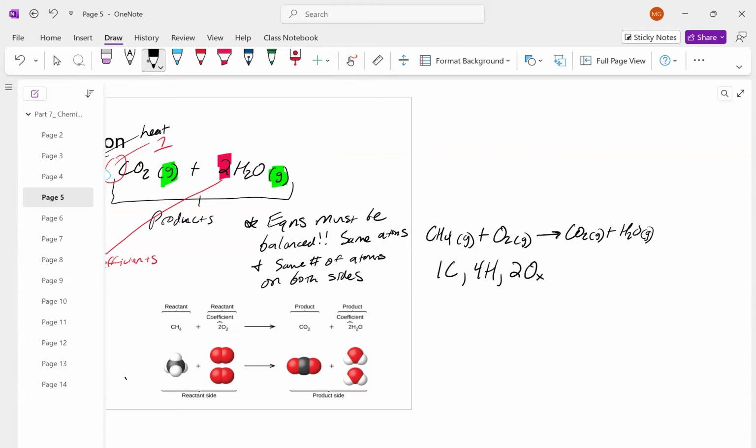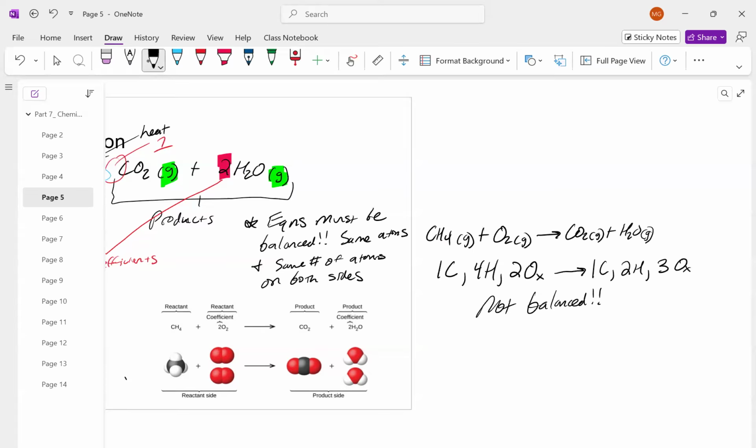I'll just put OX so that's not a 0. So 2 oxygen atoms. On the product side, we have 1 carbon, 2 hydrogens, and 3 oxygen atoms. If we left it like this, we're implying that we're destroying some matter. We're destroying hydrogen atoms and somehow we're making oxygen atoms. This is not a balanced equation.